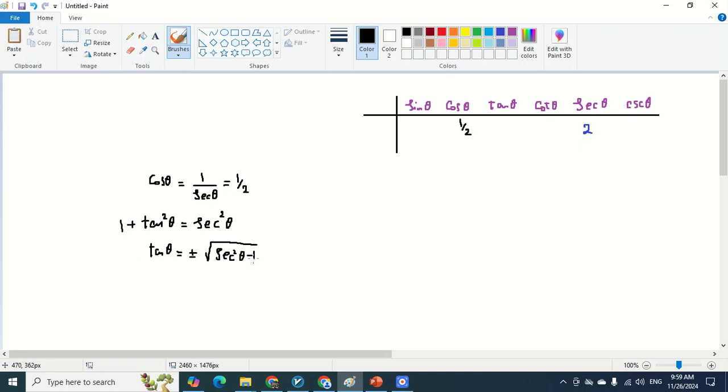By that relation, if I put in the values, the result will be plus and minus roots of 3. So I will write it over here, plus and minus roots of 3.